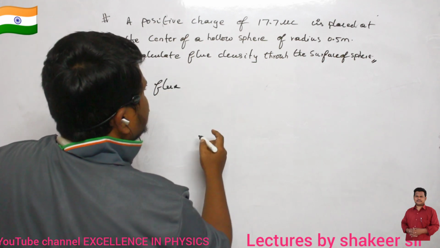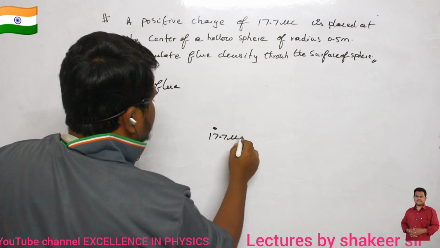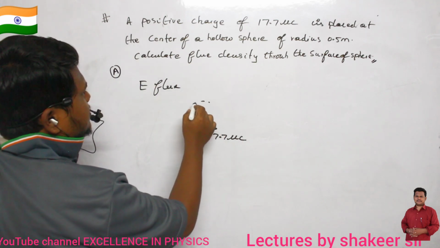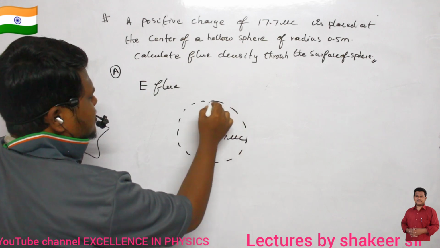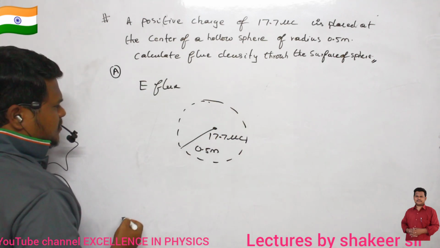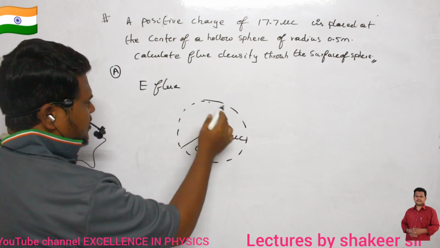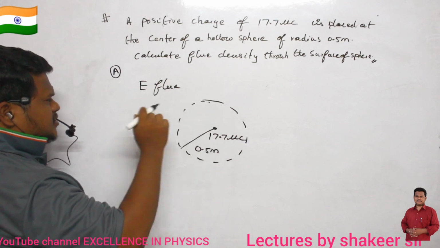See, ma, what is the sphere here? This is the charge of 17.7 microcoulombs, and this is a hollow sphere which has a radius of 0.5 meter. That's all. So I will consider this sphere itself as my Gaussian surface.